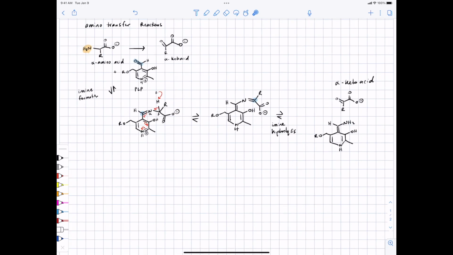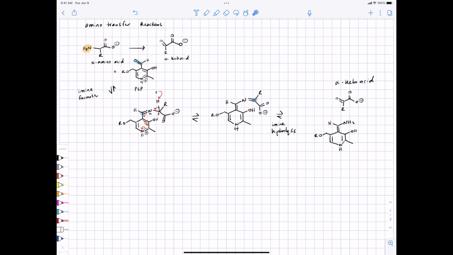So this is particularly useful for the amino acid glutamate. So here's glutamate.